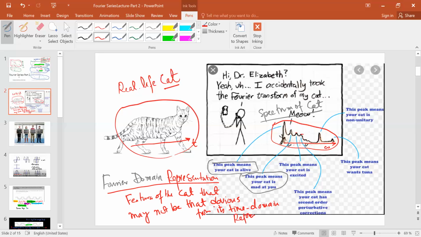So we change the representation and we look from a different perspective just to see some features that may not be obvious.